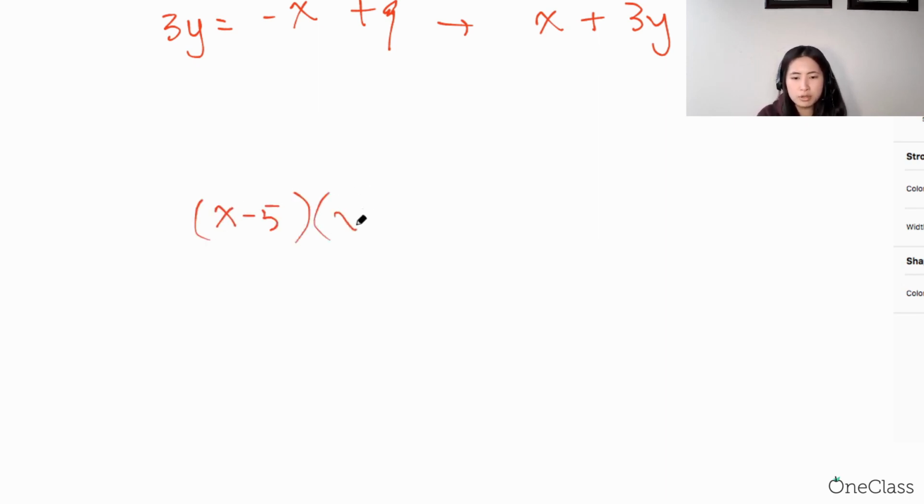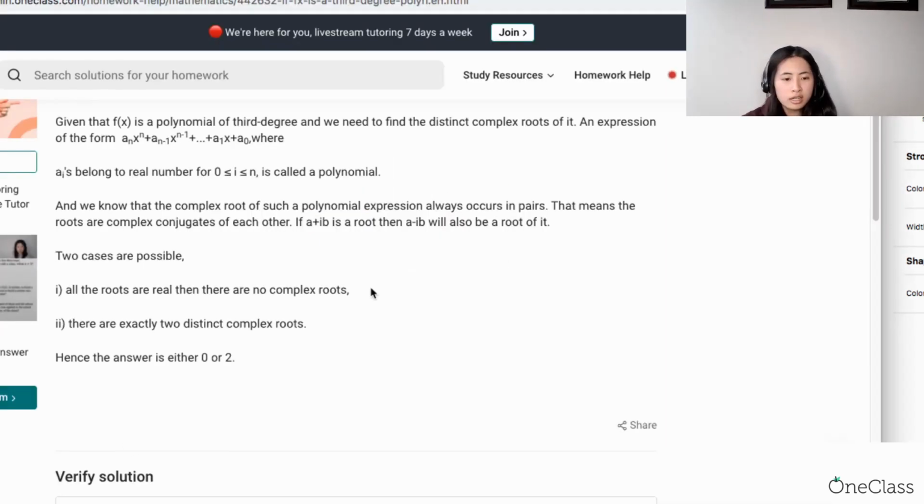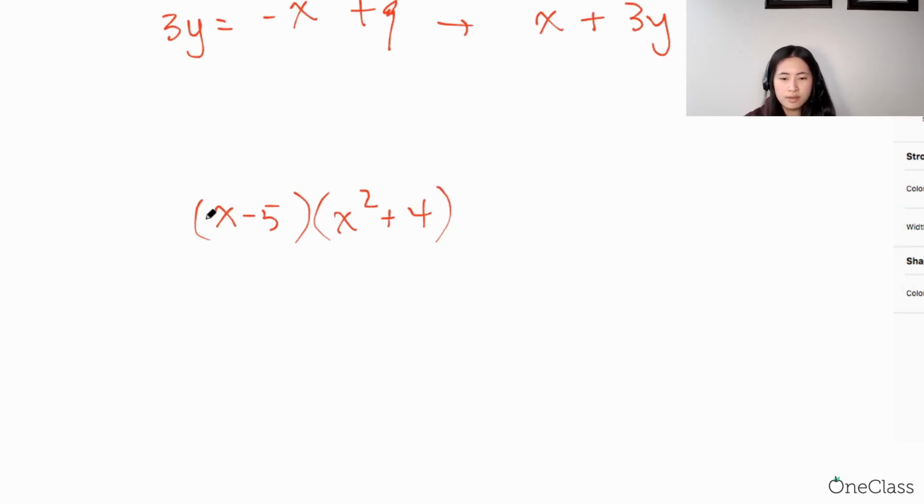And then this is multiplied by x squared plus 4, right? So as you can see, going back to the question, there are exactly two distinct complex roots, right? Therefore, this is going to be x minus 5 and x squared plus 4, because this is a root, right? And this one you can't really further simplify. There's no way you can simplify x squared plus 4 into real roots.